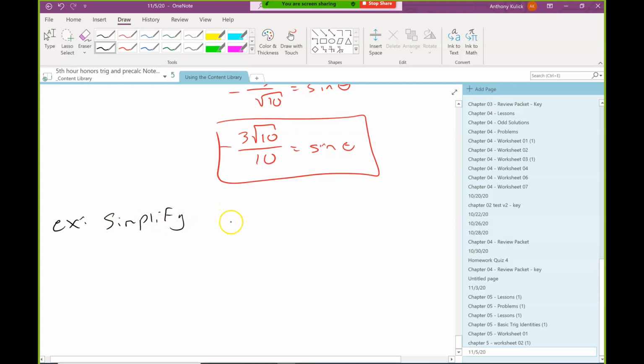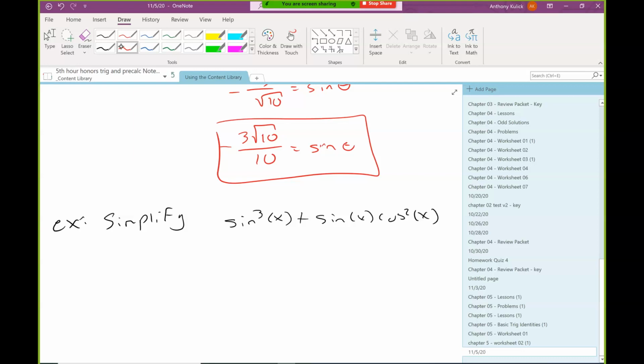So let's say we have sine cubed x plus x times cosine squared x. We're asked to simplify this expression. So what do we mean by simplify? Well, we want to make something that involves less terms. Right now I have two things that are being added together.